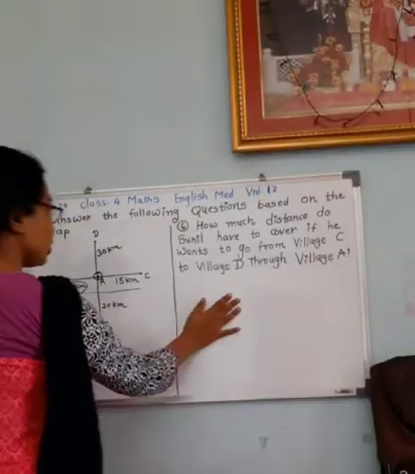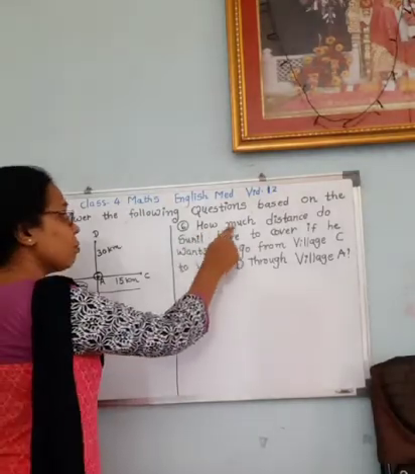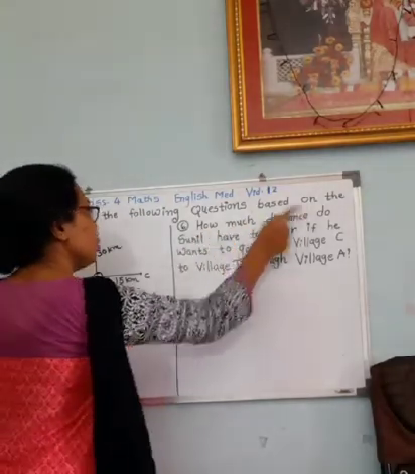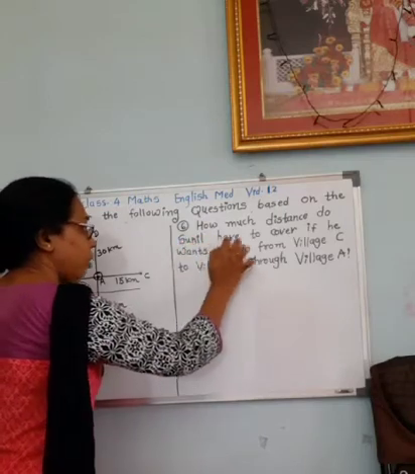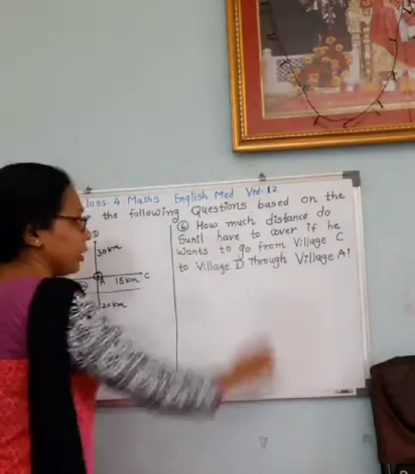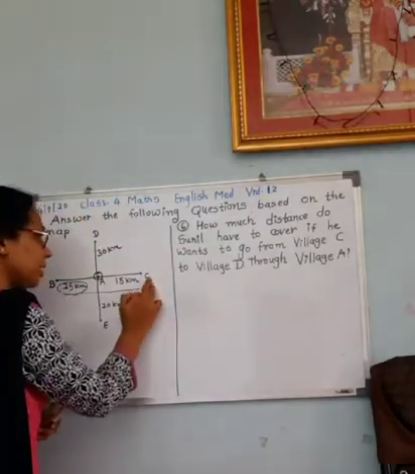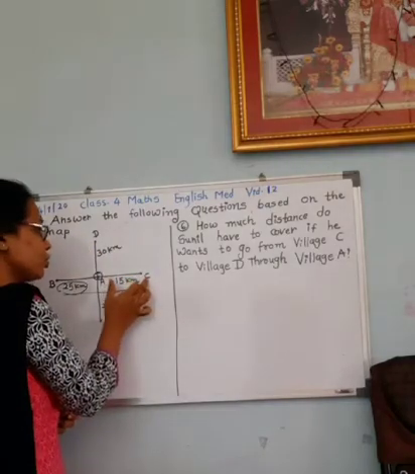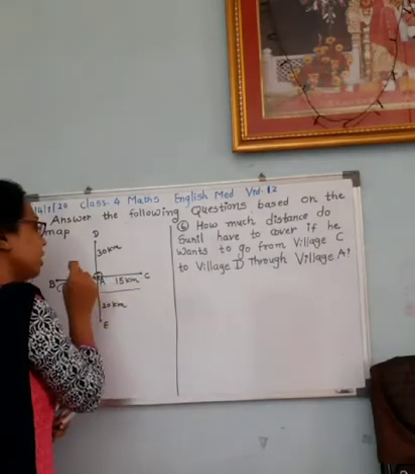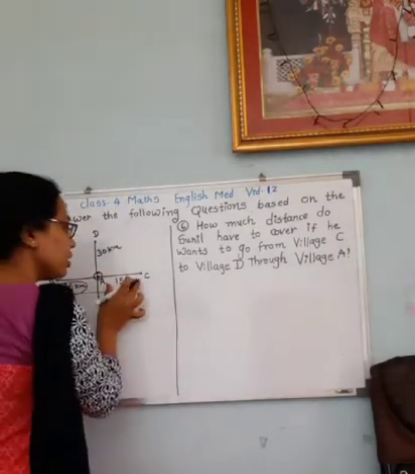Now the sixth question, read the question properly first. How much distance does Sunil, here Sunil is given, have to cover if he wants to go from village C to village D? Means first Sunil has to go to A, then from A to D. So C to A, how much kilometer is given here?